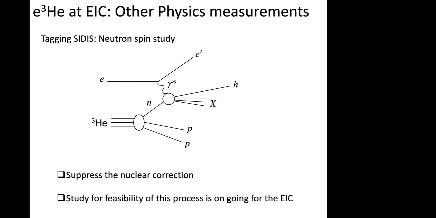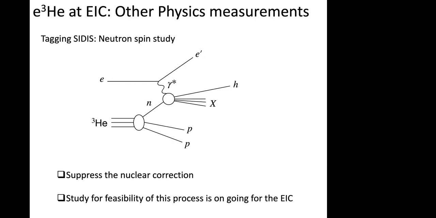I just want to bring a general discussion here: one challenge of the SIDIS measurement is how to interpret the SIDIS result, due to how we do the nuclear correction inside the nucleus.